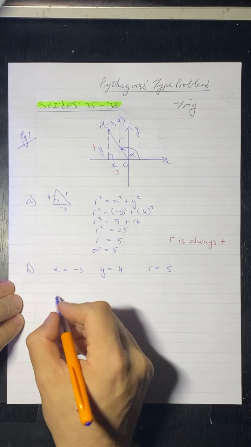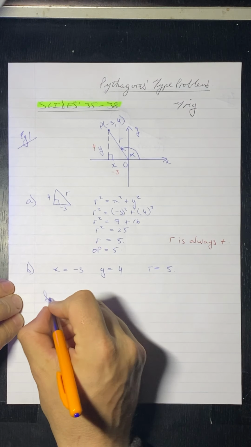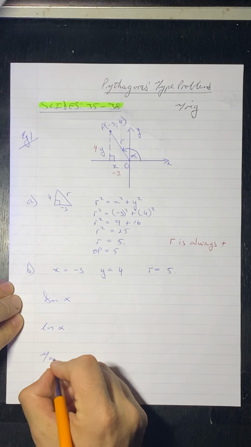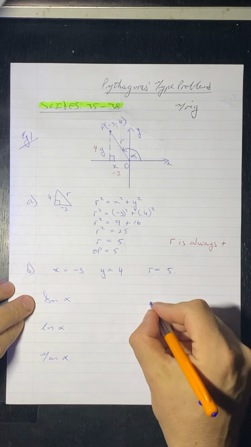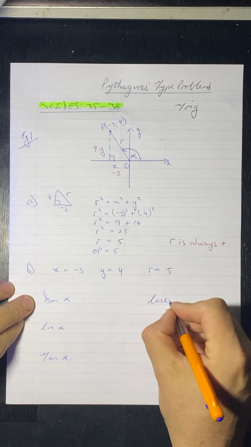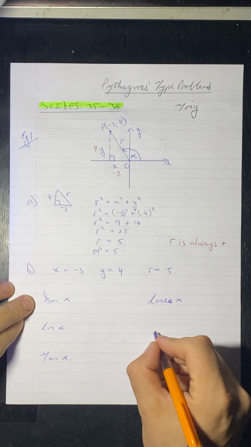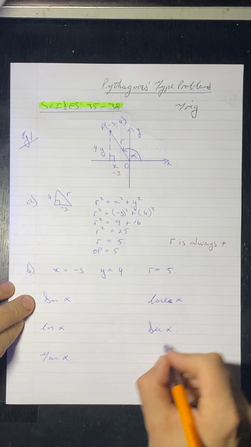Okay, so now they're asking for all of these trigonometric ratios. So we have sine alpha, cos alpha and tan alpha. Now the reciprocal for sine is cosec alpha, sec alpha for cos, and then cot alpha for tan.